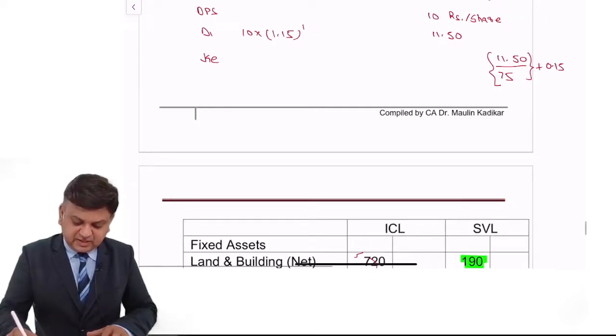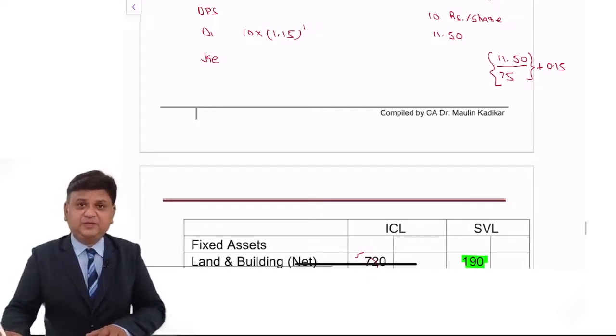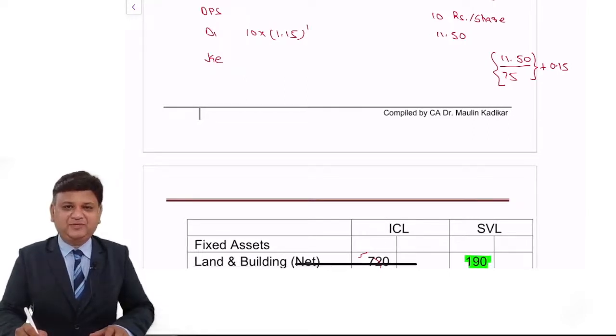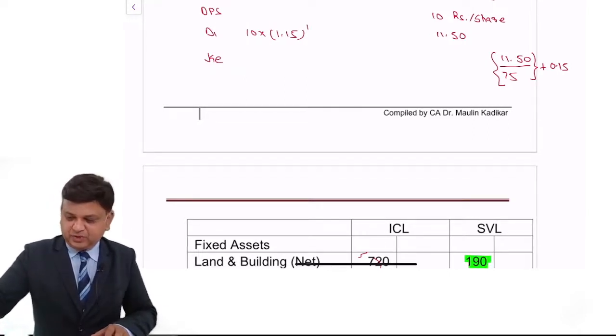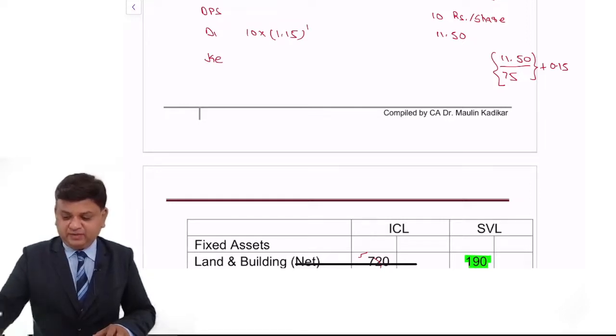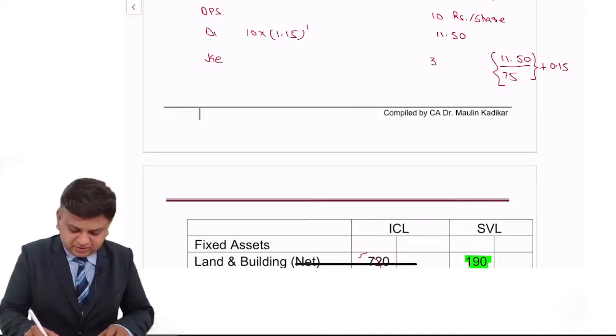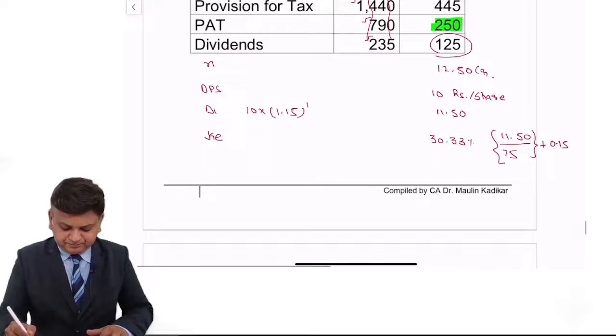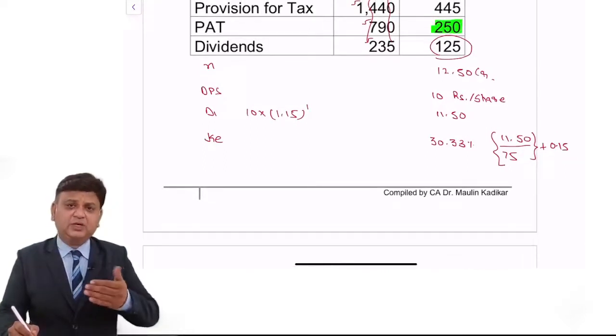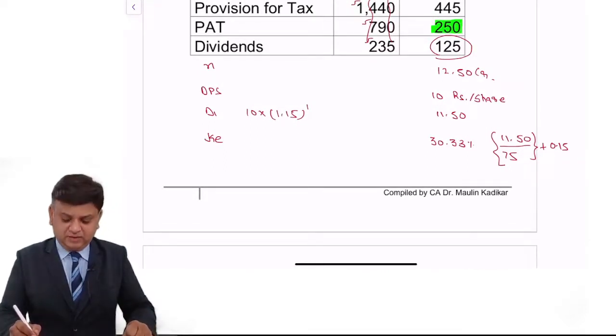Taking into account the existing information, we make the computation. So 11 rupees 50 paise upon 75 is 0.1533, plus 0.15, that comes to 30.33%. That is the way the cost of equity is calculated.